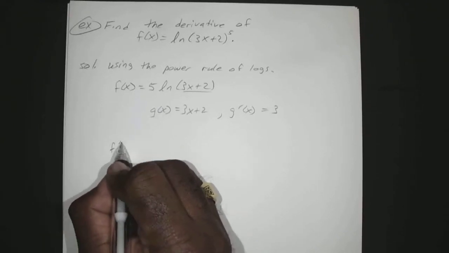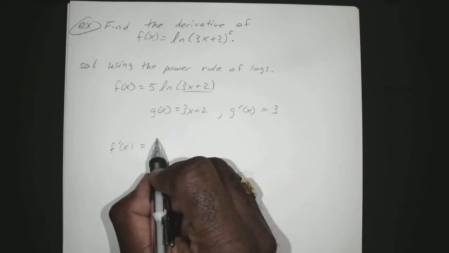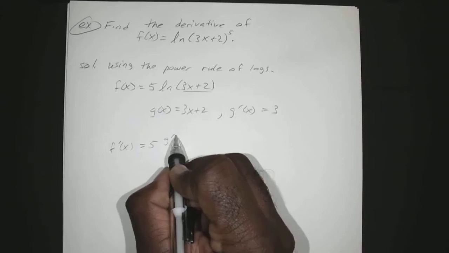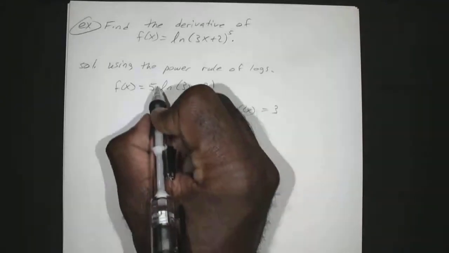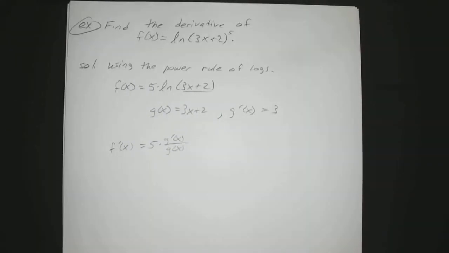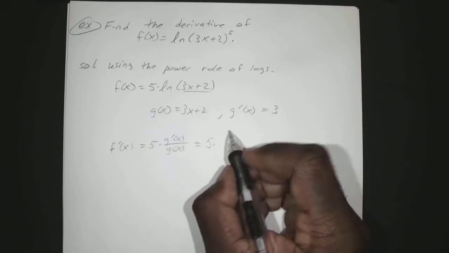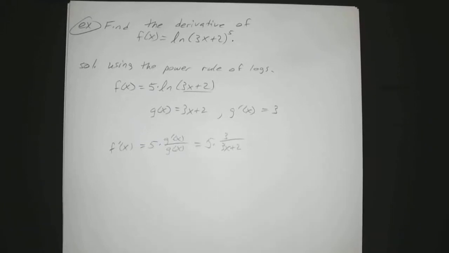Okay, so we know that our f prime of x of that natural log function is going to equal, I guess you could say, 5 times g prime of x over g of x, since we brought that 5 out to the front. Okay, so that's going to equal 5 times 3 over 3x plus 2, which gives us 15 over 3x plus 2.